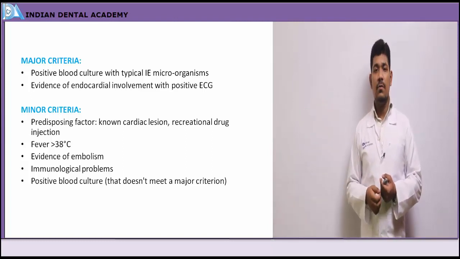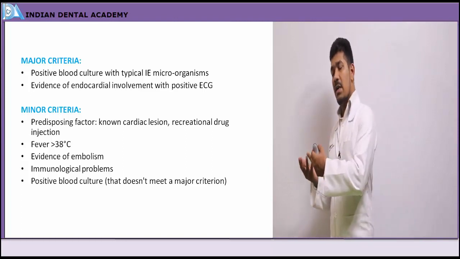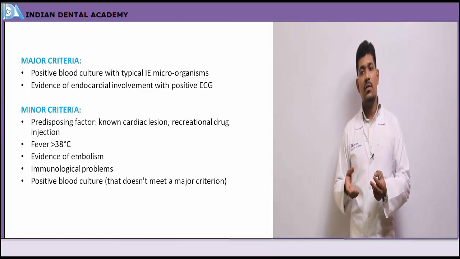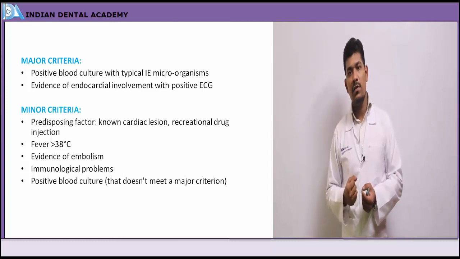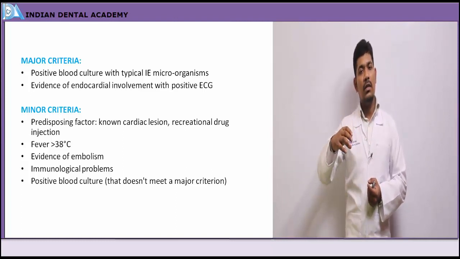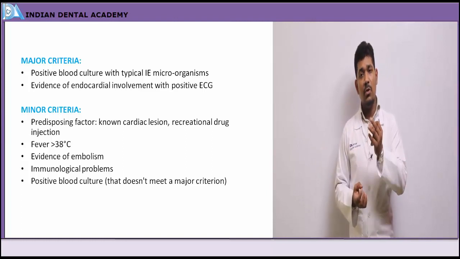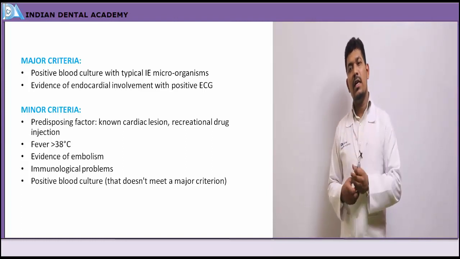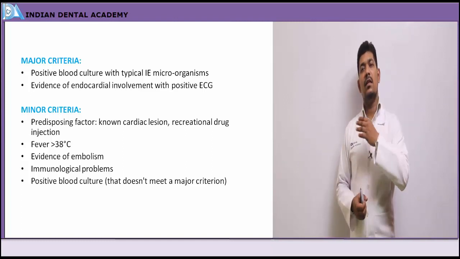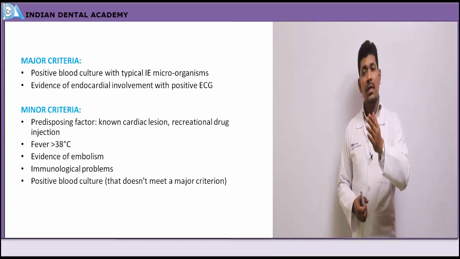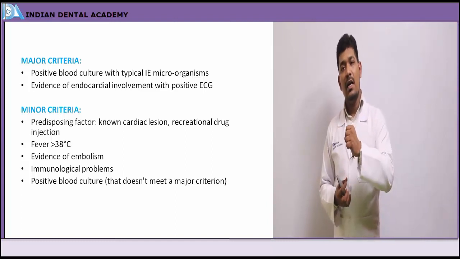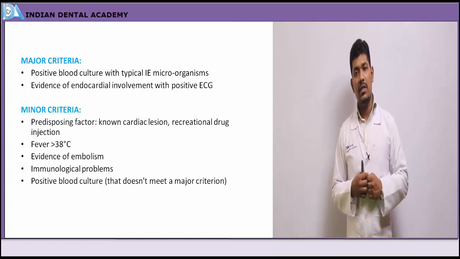Also, if there is evidence of embolism or immunological problems, since there is no direct blood supply to these walls, the immunity factors which are present within the blood do not directly reach these particular areas. So as in a case of bacterial endocarditis, the immunity carried by the blood hardly reaches this area.